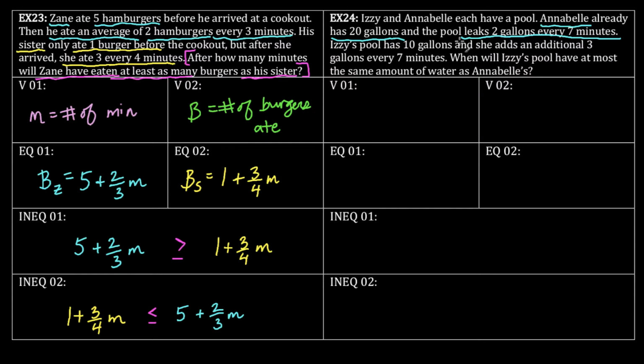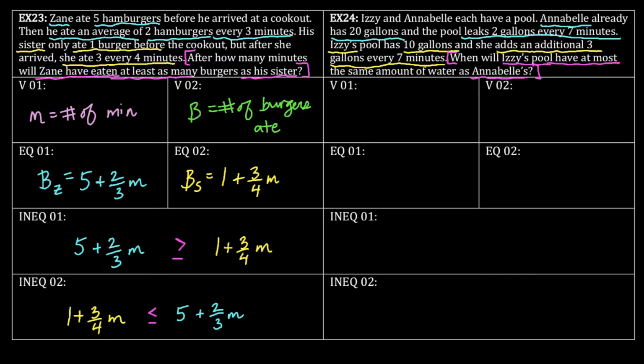And Izzy's pool, on the other hand, has 10 gallons, and she adds an additional 3 gallons every 7 minutes. So if we want to know when Izzy's pool will have at most the same amount of water as Annabelle.